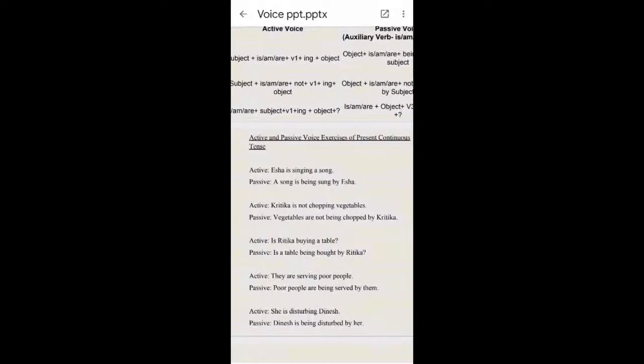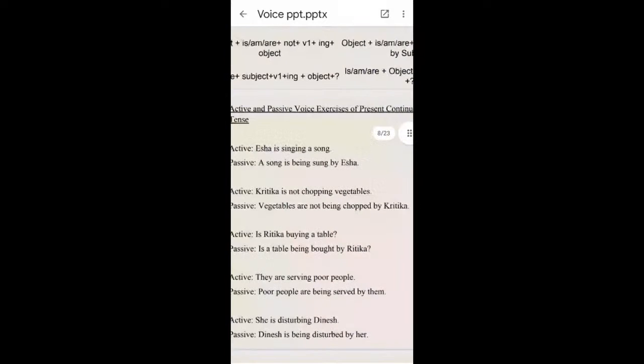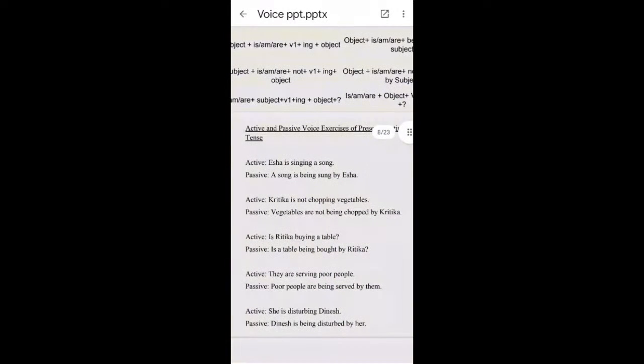No, that is wrong. You need to know the rule here. Here you should write vegetables are not being chopped by Kritika. Things are not as simple as they look. When you are changing it to passive, this is a continuous tense. Always remember you need to add being, B-E-I-N-G, being. Vegetables are not being chopped by Kritika.